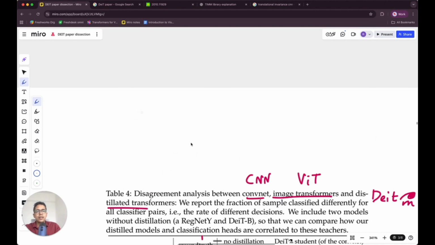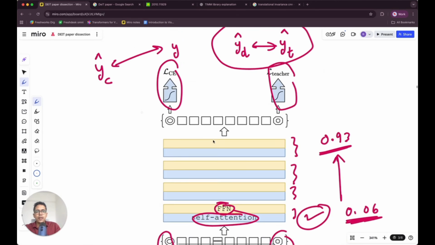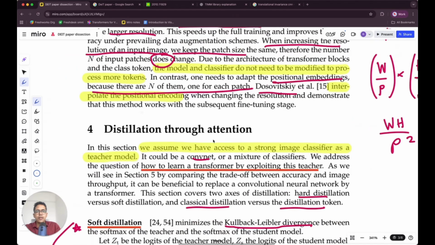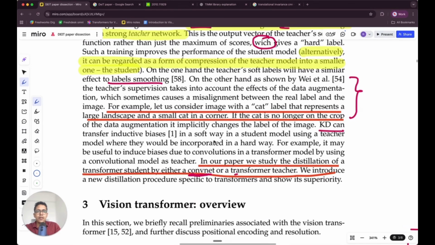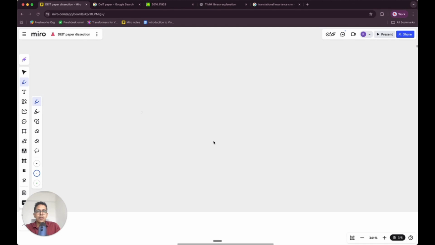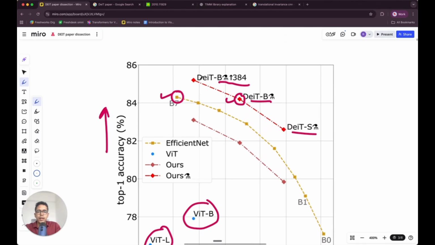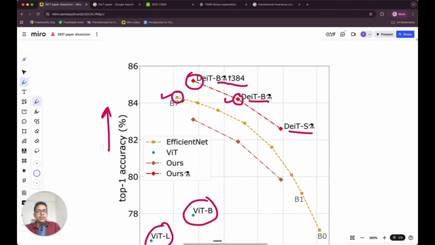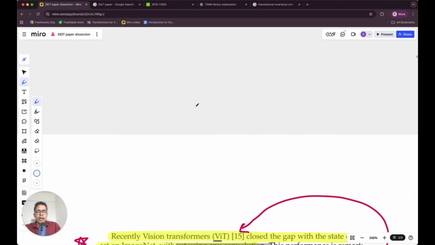So if there is a little bit of fine-tuning, in figure 1, let's go back. Yeah, so if there is a little bit of fine-tuning, DeiT overcomes the EfficientNet.